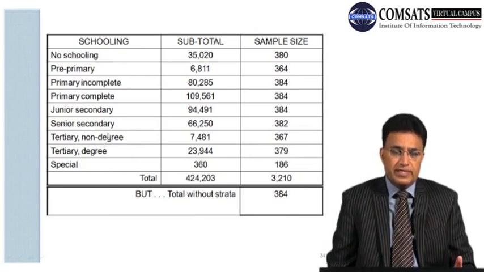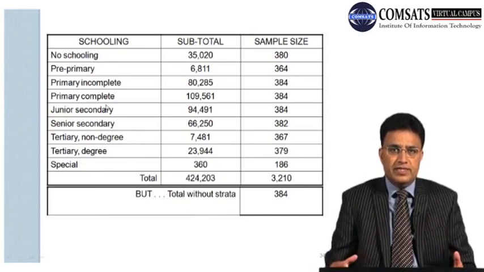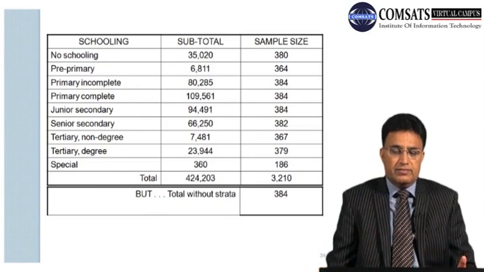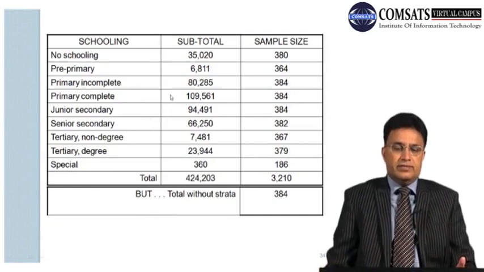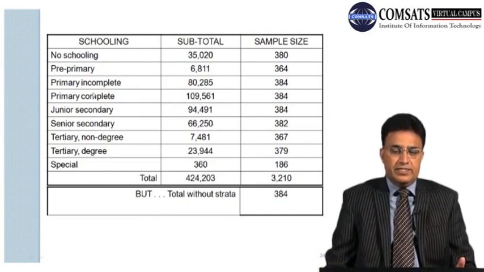So if you have so many groups within it, you need a bigger number, and within each there would be a subtotal of these, and the sample size you require.